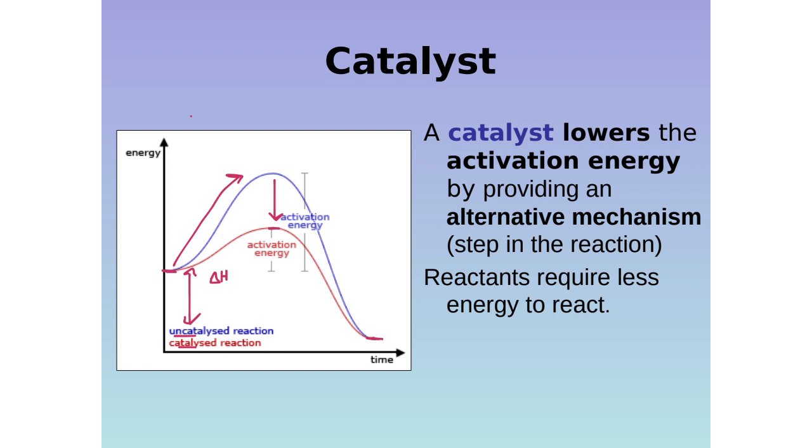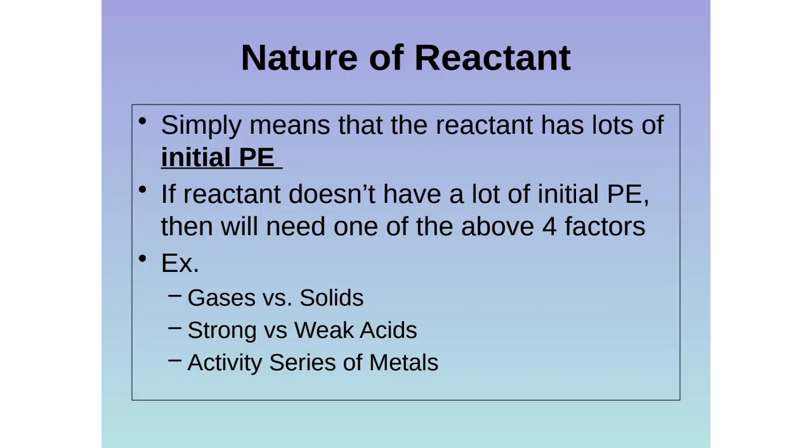The last factor that we'll talk about is nature of reactant. This is probably the least used factor, simply because a lot of times the reaction that you are trying to carry out is very specific and you don't want to switch out reactants. So sometimes the nature of reactant doesn't really apply in a lot of scenarios, but sometimes it does.